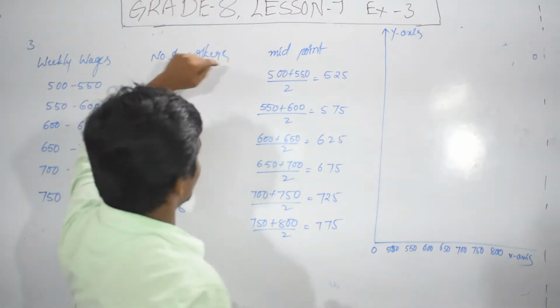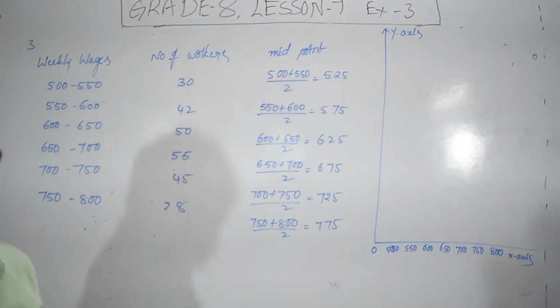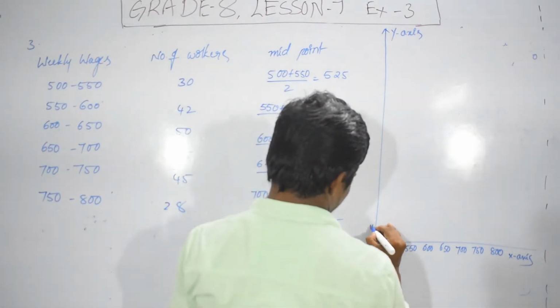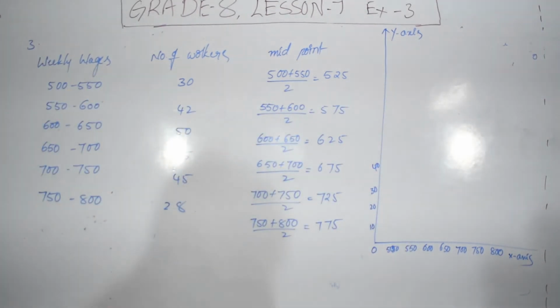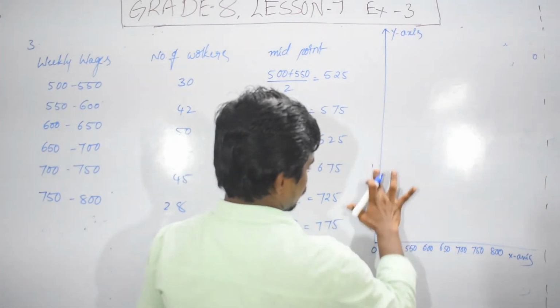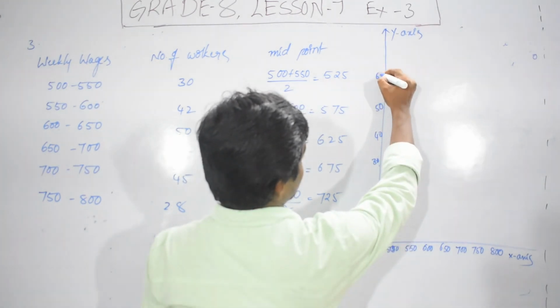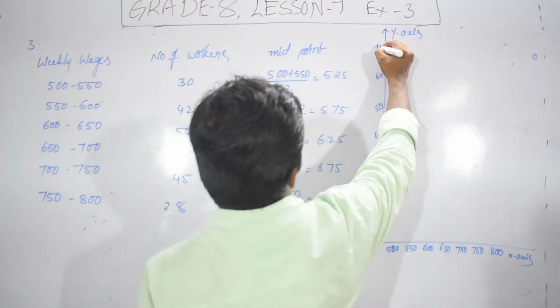Here see, for 30, on the y-axis take 10, 20, 30, 40, 50, like that distance, 60, 70, enough.